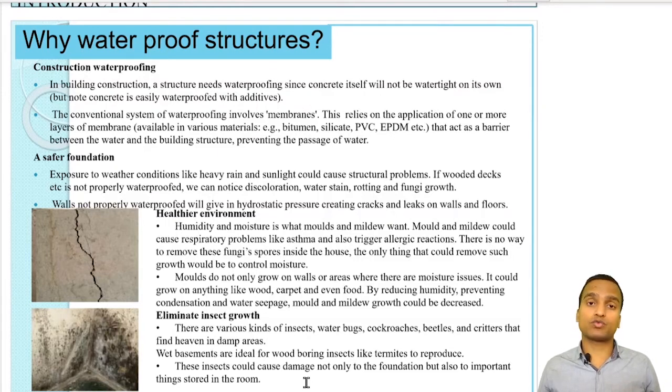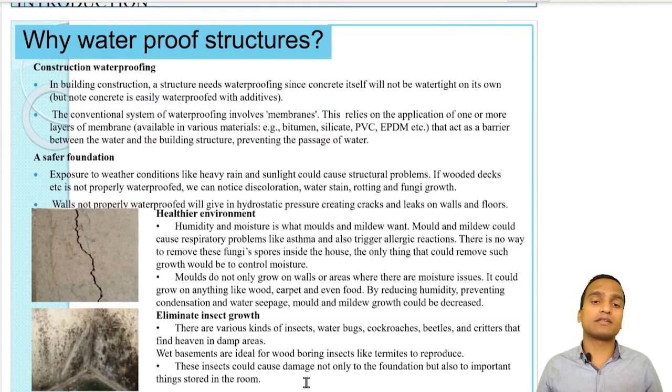So concrete, which could have been made watertight, becomes porous, and because it becomes porous, water can slowly pass from one side to the other. Of course the concrete can be made waterproof by the addition of a few additives, chemicals, powders or admixtures, but that addition we do not usually do.